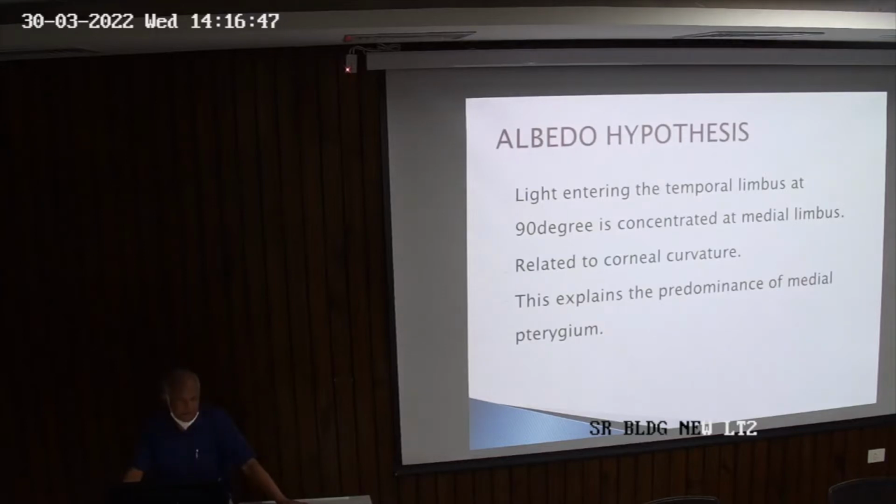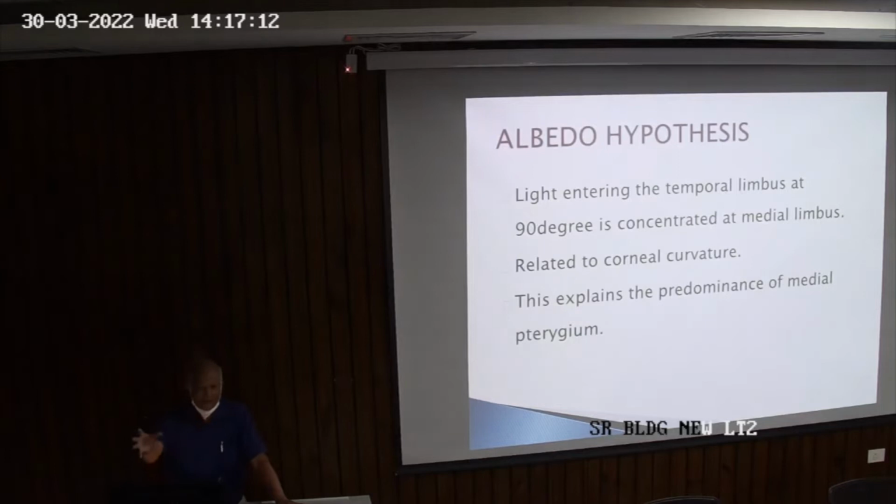And one thing more I want to tell you: pterygium is more common on the nasal side. It can be on the temporal side also, but it is more on the nasal side. There are two reasons for it being on the nasal side. One is that there is uniform exposure to sunlight on the nasal as well as the temporal side. But the nasal bone is in between.